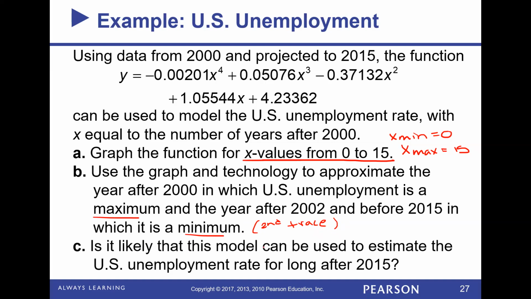And then, is it likely that the model can be used after 2015? We'll talk about whether or not it is a really good idea. So take a second, pause the video. I want you guys to try this and then I'll go over the answers, but I'm not going to show the calculator part for this one.